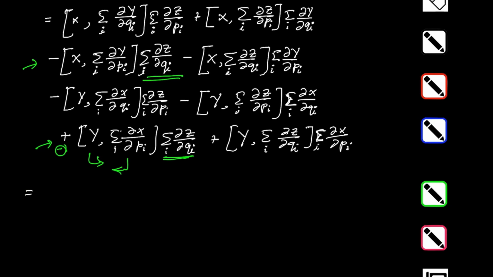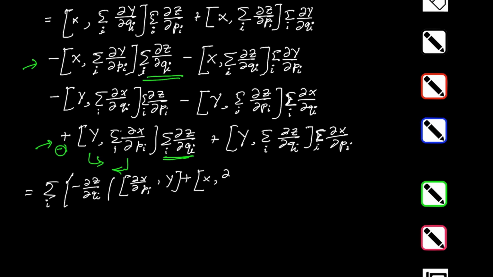First let us take this common, so the summation of this, then minus del z by del qi, within brackets the Poisson bracket of del x by del pi and y, plus the Poisson bracket of x and del y by del pi. So that is what we have got.